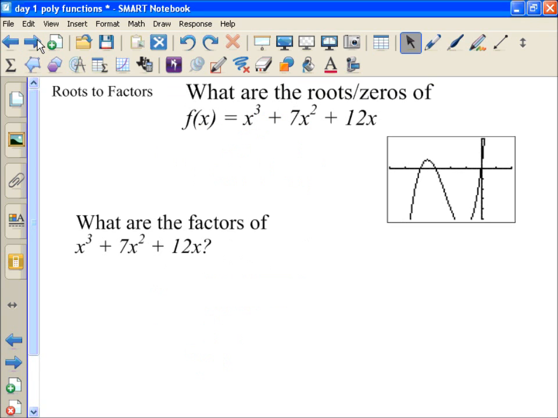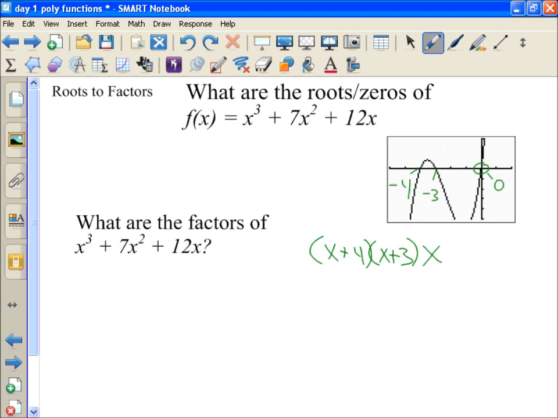So, for example, if we look at this equation, this polynomial function, we will see that there are zeros at 0, negative 3, and negative 4, which means that the factors have to be x plus 4, x plus 3, and x.